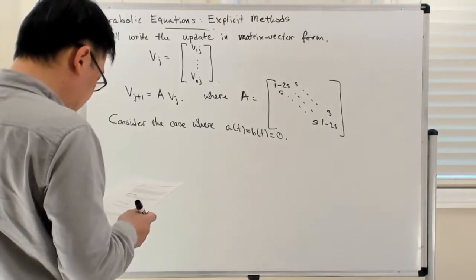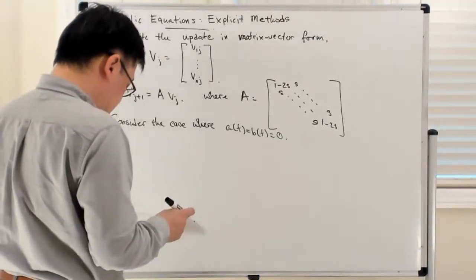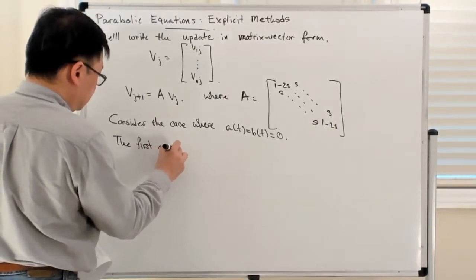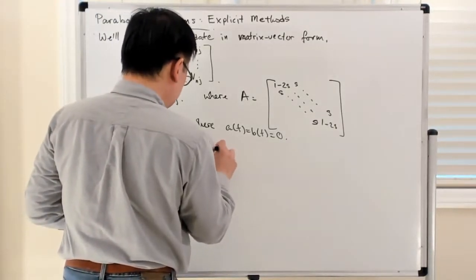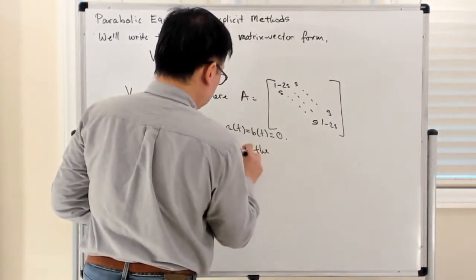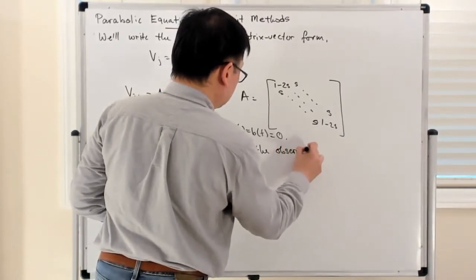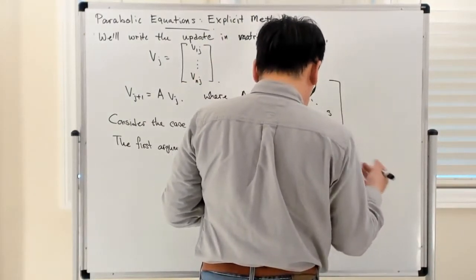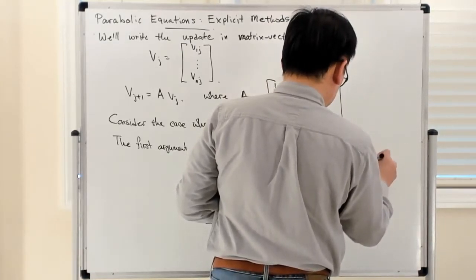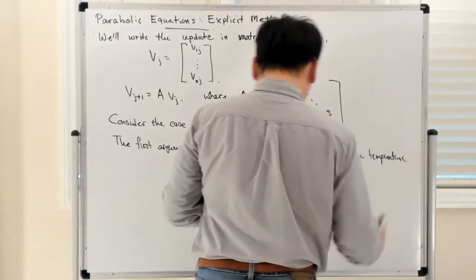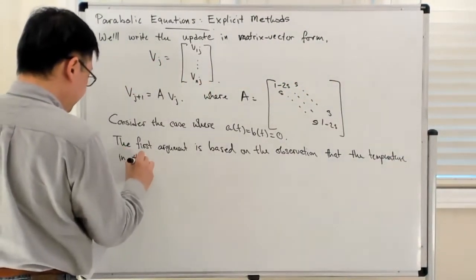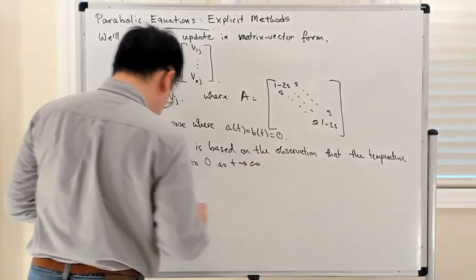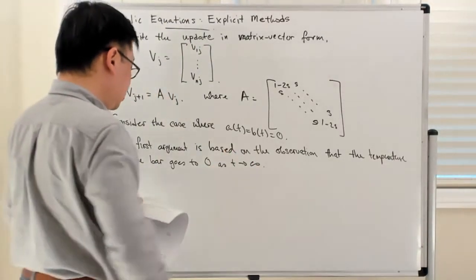The first of which, so the first argument, is based on the observation that the temperature in the bar goes to 0 as t goes to infinity, because the ends are maintained at temperature 0.